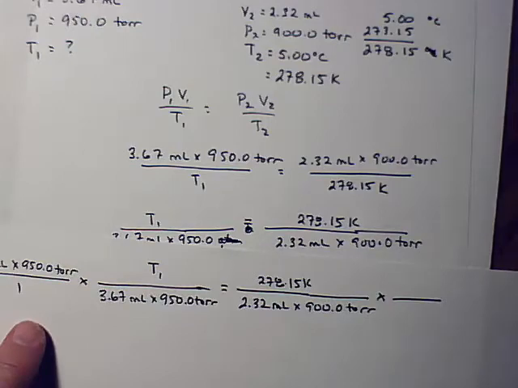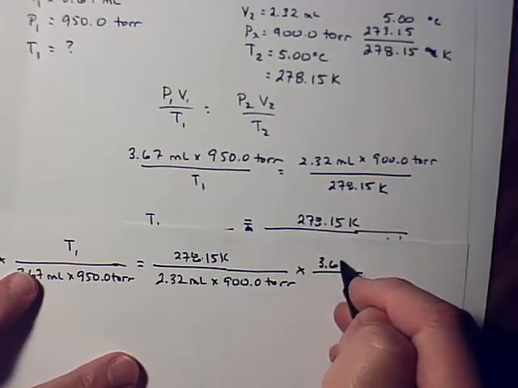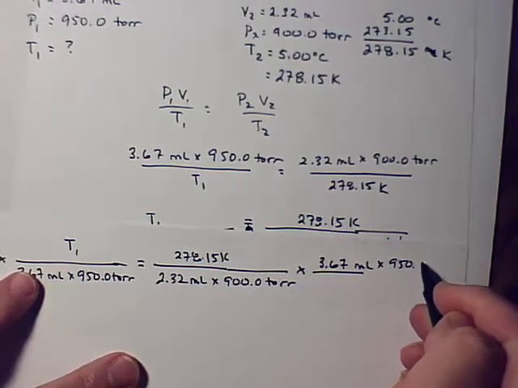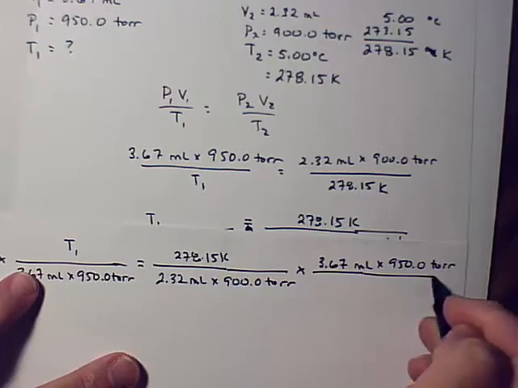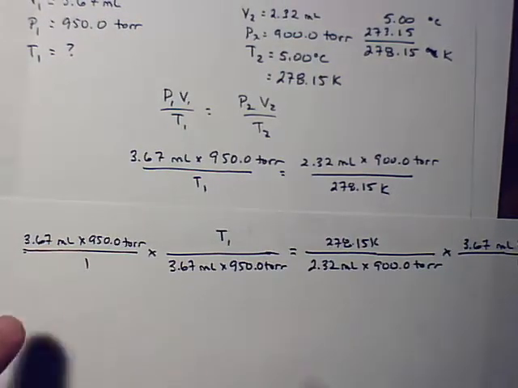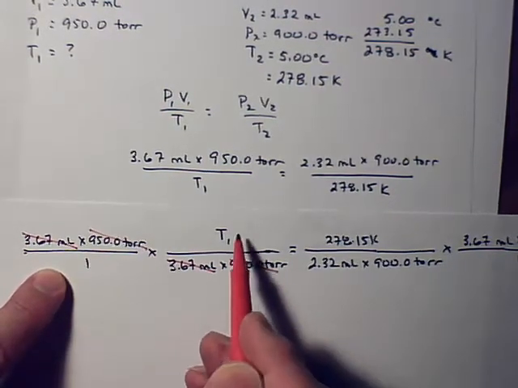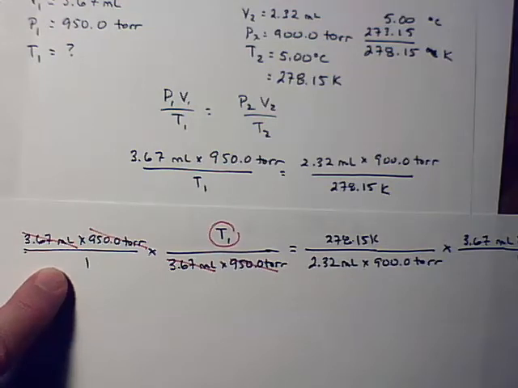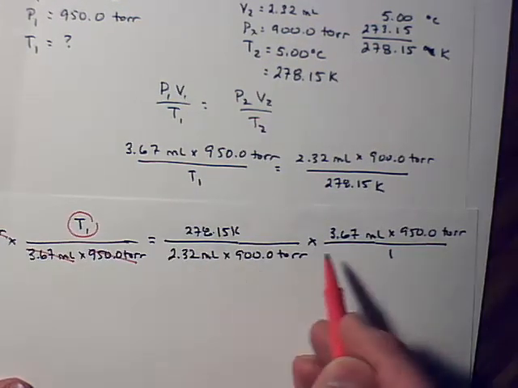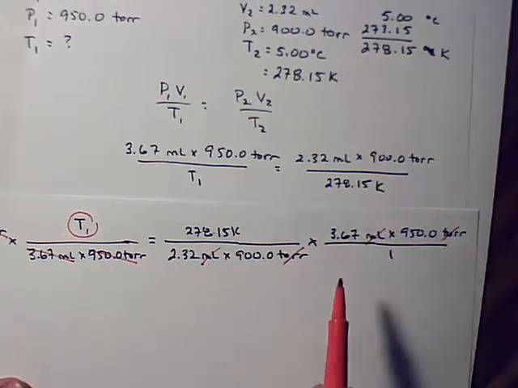And what I do to this side, I've got to do to the other side. 3.67 milliliters times 950.0 torr over 1. Okay, so I did it to both sides. I can go through and cancel. I can see that I can cancel all of this and all of that. And I've left myself with T1 by itself, which is part of the goal of solving these problems. I can cancel out milliliters here and here, and torr here and here.